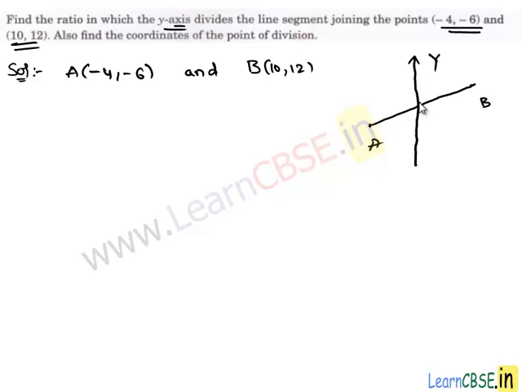And here we assume P be any point whose coordinates are (x, y) and it is lying on the y-axis, and it divides the join of AB in the ratio k:1. And then by the section formula we find the value of k. Let's proceed.